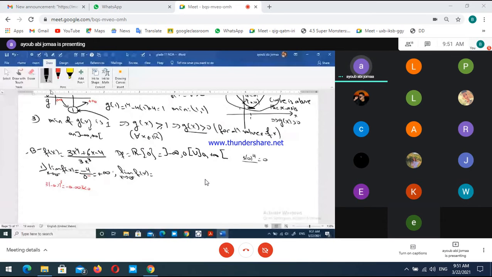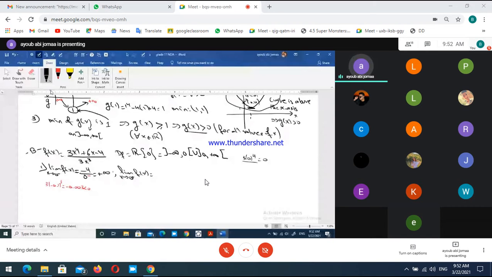Continue. Limit as x approaches 0 plus. It also gives the same thing but negative infinity: it will be negative 4 over 0.